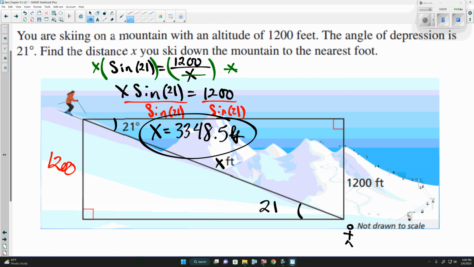So the distance that the skier is going to go is 3,348.5 feet. Well, since it wants it to the nearest foot, it would be 3,349 feet.